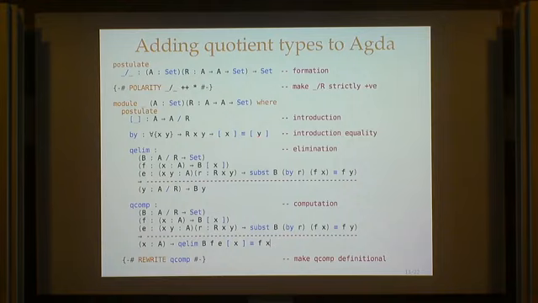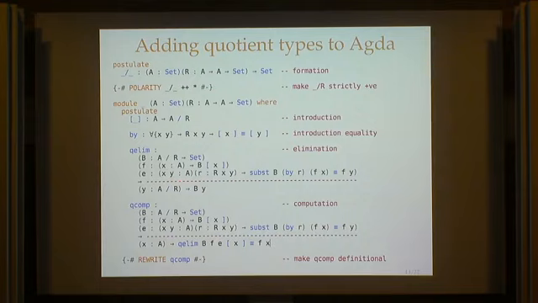And then elimination: how do I construct, given a dependent family, a predicate as it were, on things of this quotient type, a function out of that into this family? The elimination rule says you just say what to do on representatives, and as long as that function f respects the relation.